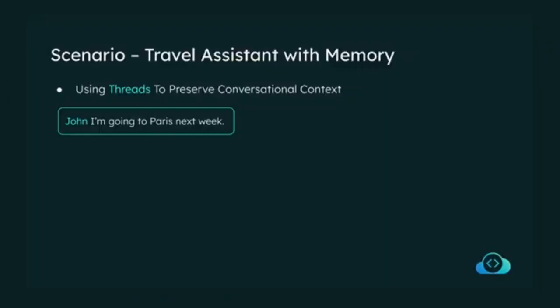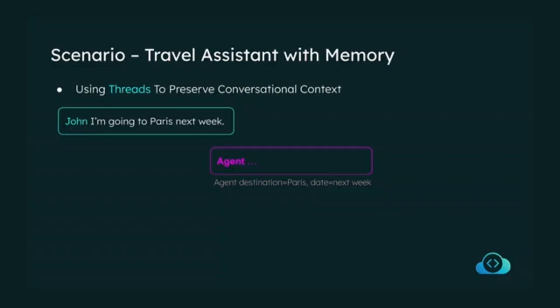Cool. Let's circle things back to the travel agent, but this time with memory. And I want you guys to appreciate the fact that adding memory really changes things dramatically and how it paves the way for tool integration. So let's say you prompt an agent like, I'm going to Paris next week. The agent would think, and it would extract all the right variables and store them within its context or memory.